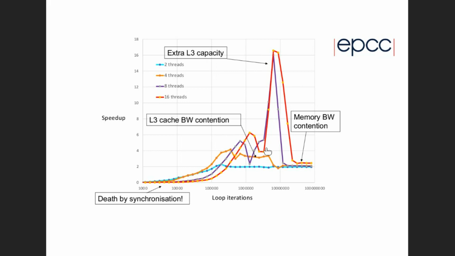Have I tried running 4 threads with 2 cores per L3 region? No, I haven't. There are lots of possible combinations you can try with this kind of architecture. That would certainly show you something different. So if you spread your 4 threads across 2 L3s, then you'll see the benefit of having the extra L3 cache capacity.